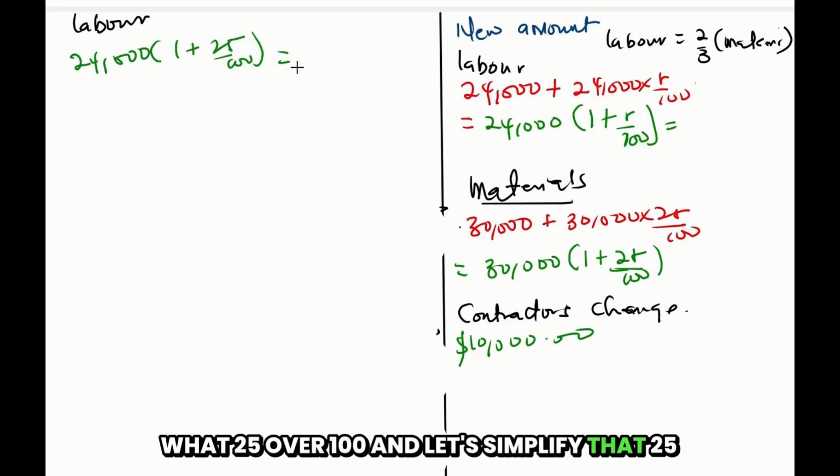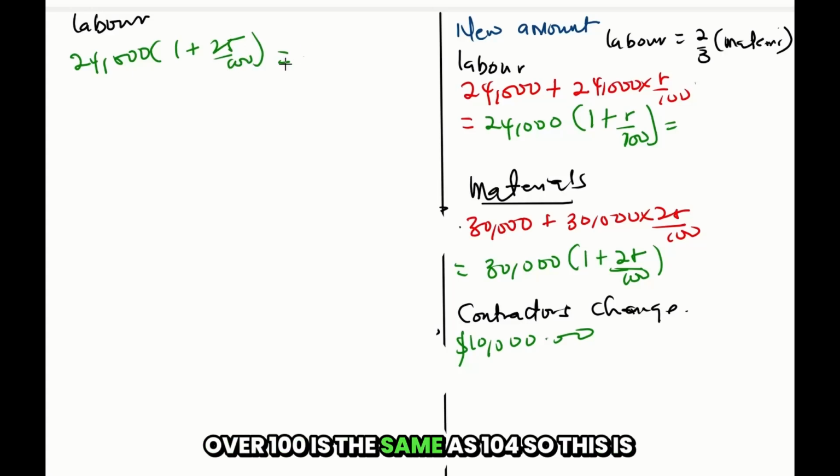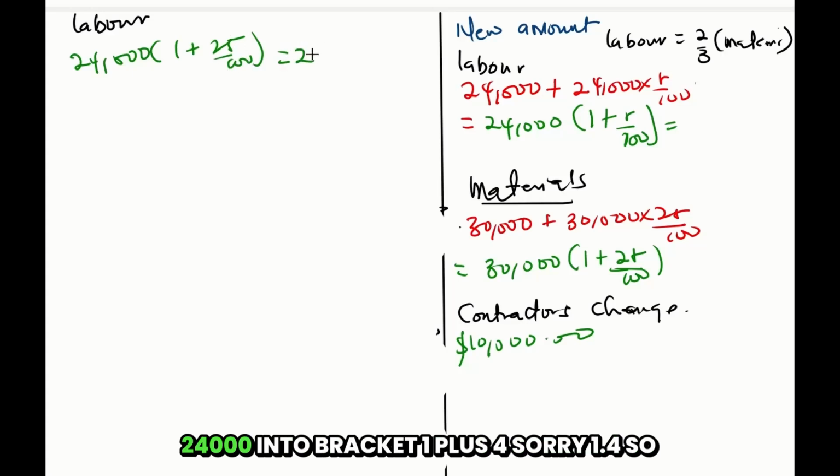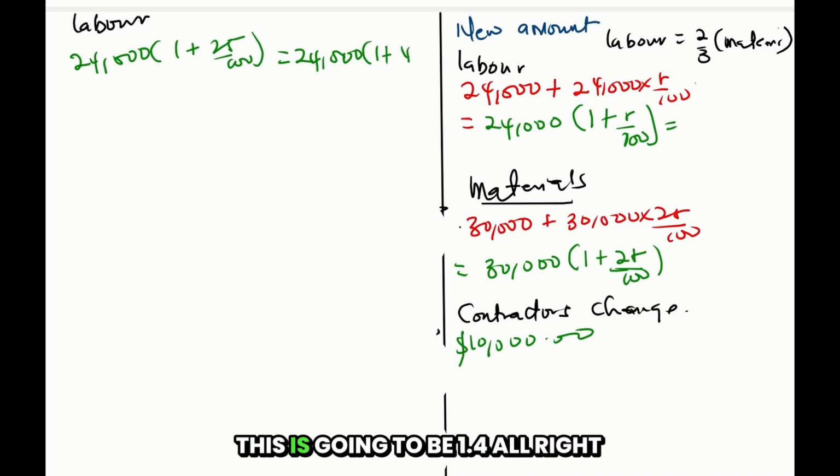And let's simplify that. 25 over 100 is the same as 1 on 4. So this is 24,000 into bracket 1 plus 1 on 4.